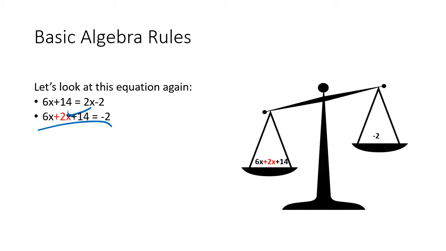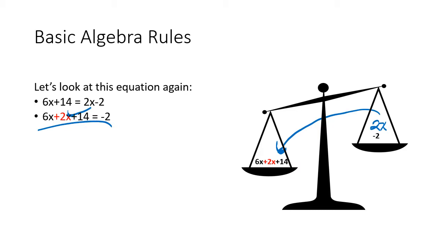We basically have taken the 2x that was over here, and we moved it over here, which that's nice, but we've now made the equation unbalanced. You can see how it actually can perceive taking weight away, whatever the 2x value is, away from one side and putting it on the other side of the balance. You can imagine that tipping a balance toward the left. And that's why we can't do it in algebra.